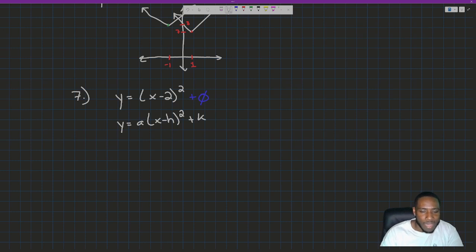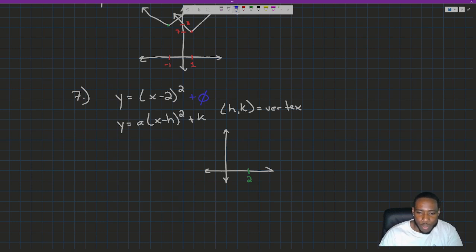Very similar to the absolute value function we just looked at, where again, (h, k) equals the vertex. And so from that, we should tell that our function sits nicely on our x-axis at that point, 2 on the x-axis and 0 on the y-axis, so it sits on the x-axis directly.